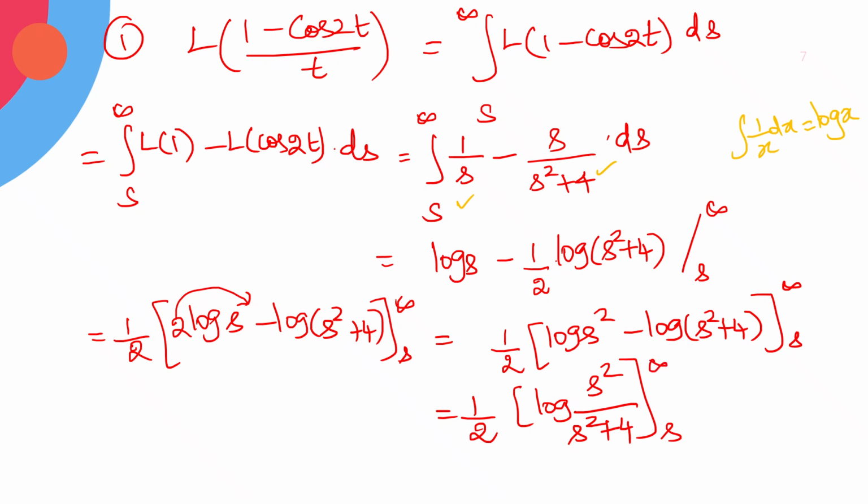To apply the infinity, if I can get a 1 by infinity, the term will vanish out. So take s square commonly outside from the denominator. We'll have s square divided by s square into 1 plus 4 by s square, and the limit will be from s to infinity.